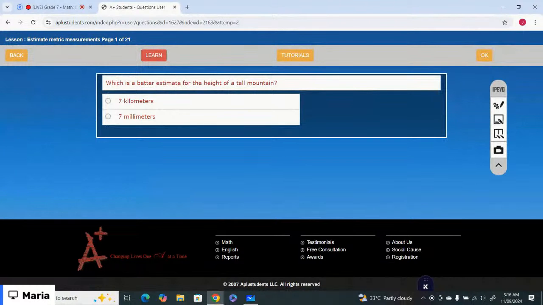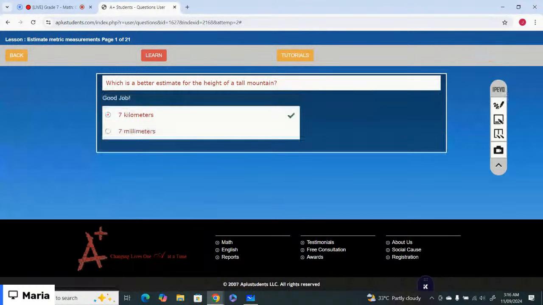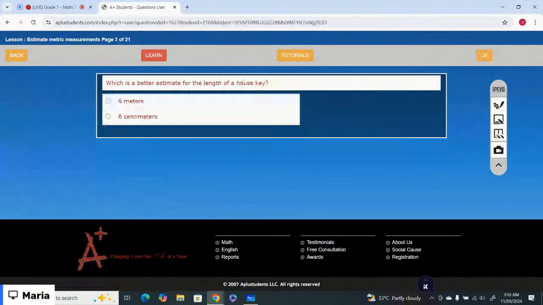The correct option is, tall mountain it is, right? So yes, that must be 7 kilometers because 7 millimeters is not too tall. The next one is which is a better estimate for the length of a house key? 6 meters or 6 centimeters, which is the correct option?